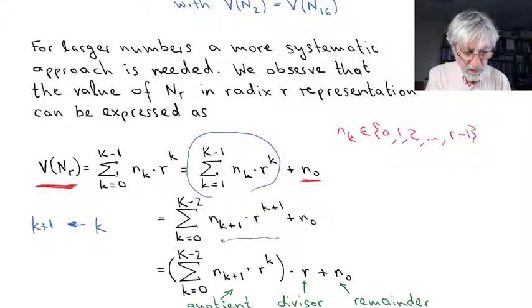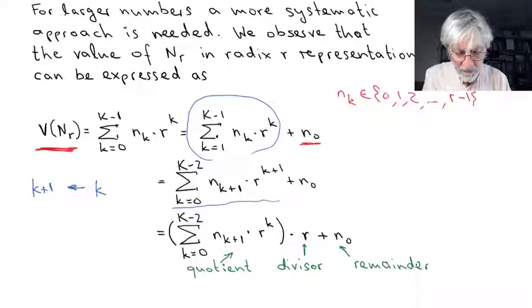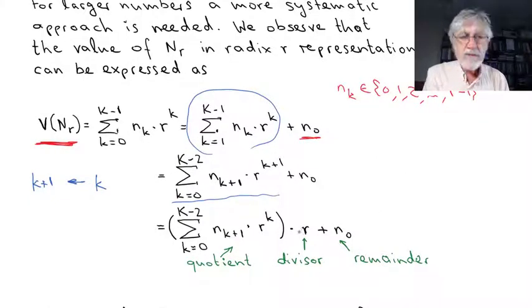Okay, so we made this step here. And then, because we have here r to the k plus 1, we can pull out one r from here. So we can write this now as the sum from k equal to 0 up to capital K minus 2 of n sub k plus 1 times r to the k, and then put the whole thing in parentheses, and then times r for that whole expression, plus n0.